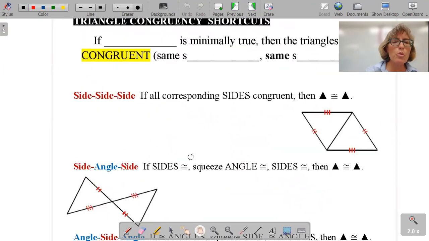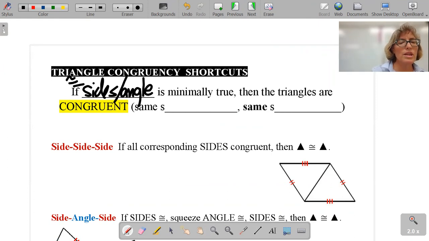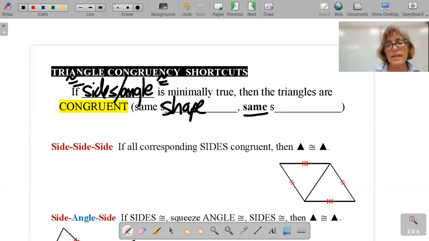So for congruency, we asked ourselves if sides or angles, side congruency and angle congruency, are minimally true, then the triangles are congruent, and that would be same shape, same size.